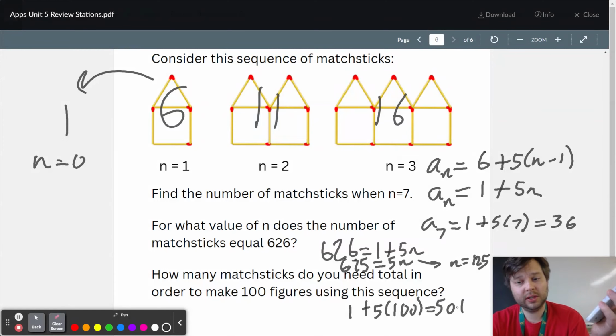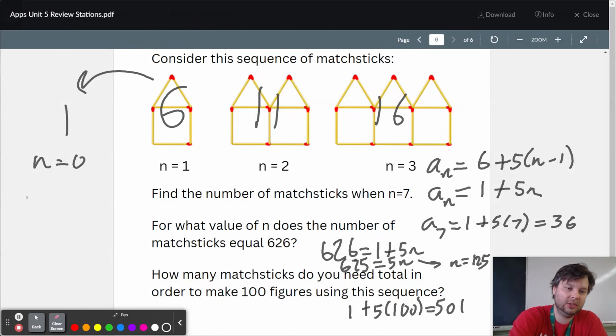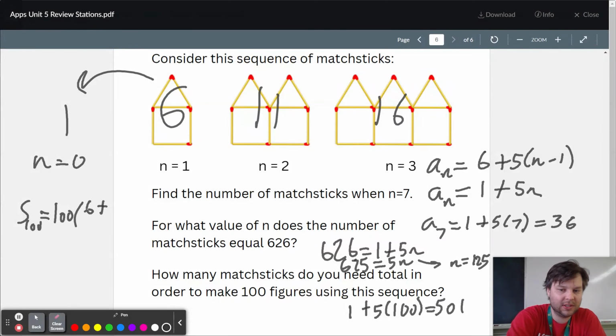Now you could also, though, have interpreted that last question as a series where you think the first one, you're going to leave it there, you're going to build the second one separately, you're going to build the third one separately. And in that case, you want to use your series formula, S100, where you're saying I have 100 terms. The first one takes 6 matchsticks. The 100th one will take 501 matchsticks.